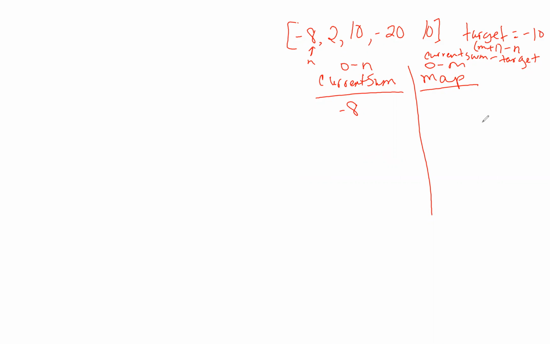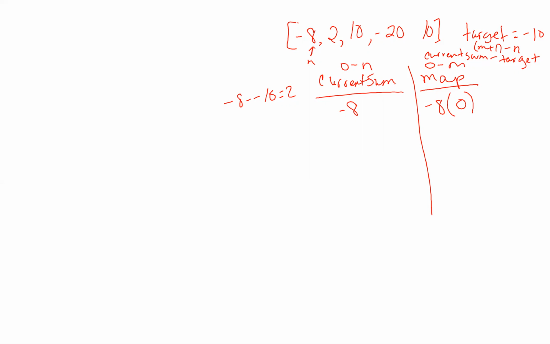We take current sum minus target: -8 minus -10 equals 2. We look at our map, and there is no 2 in there. So we put current sum, -8, in the map, and we know that is the sum that we have at index 0.